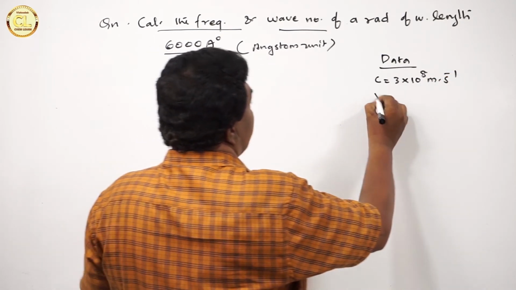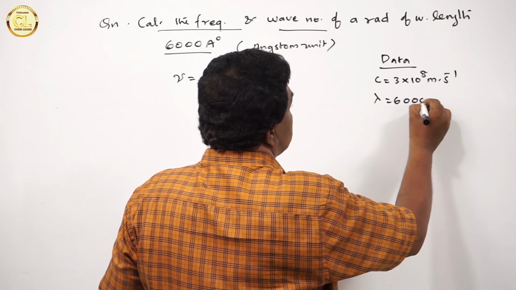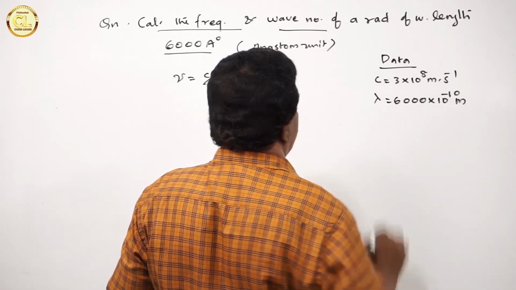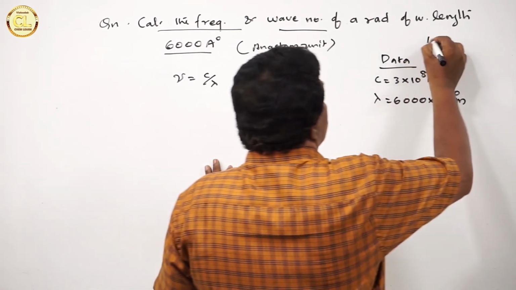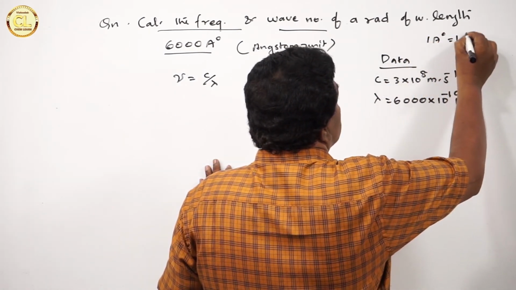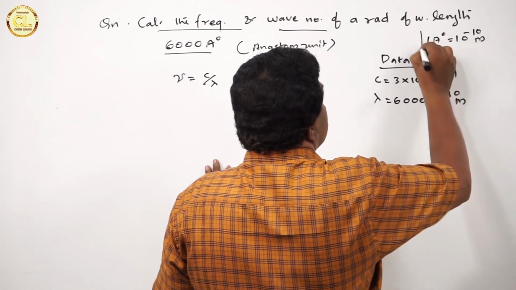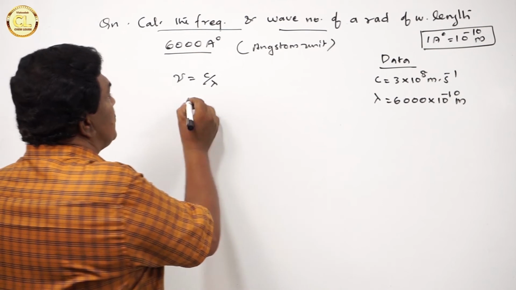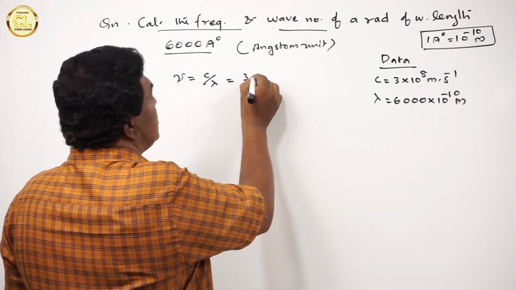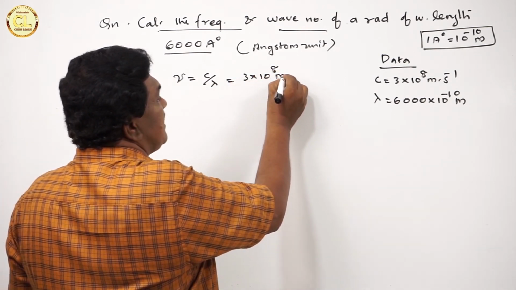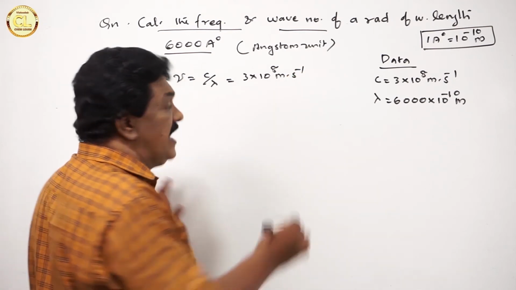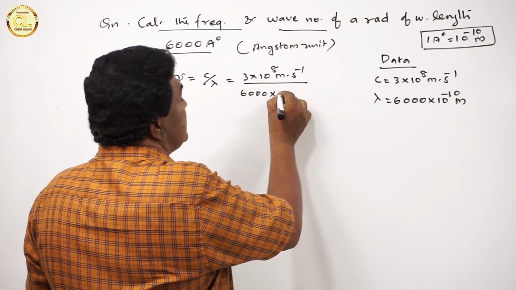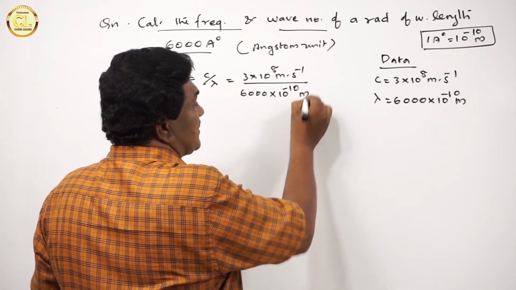And lambda is given: lambda is equal to 6000 into 10 raised to minus 10 meter. 1 angstrom unit is equal to 10 raised to minus 10 meter. That is the conversion. Substituting here, we get 3 into 10 raised to 8 meter per second divided by 6000 into 10 raised to minus 10 meter.